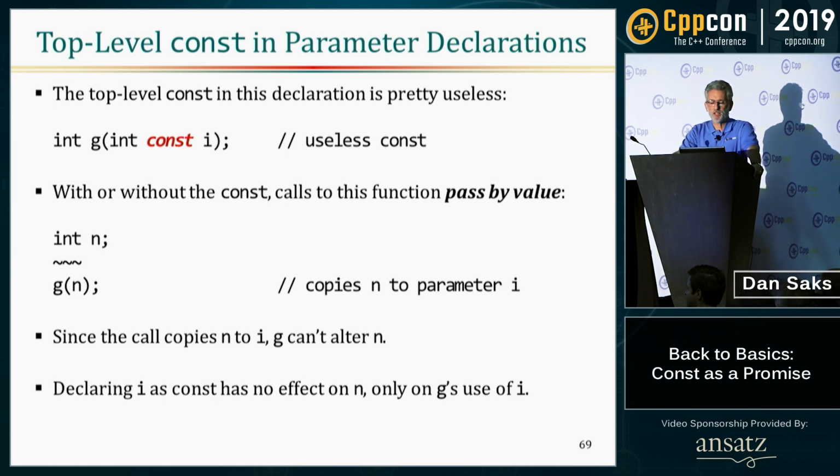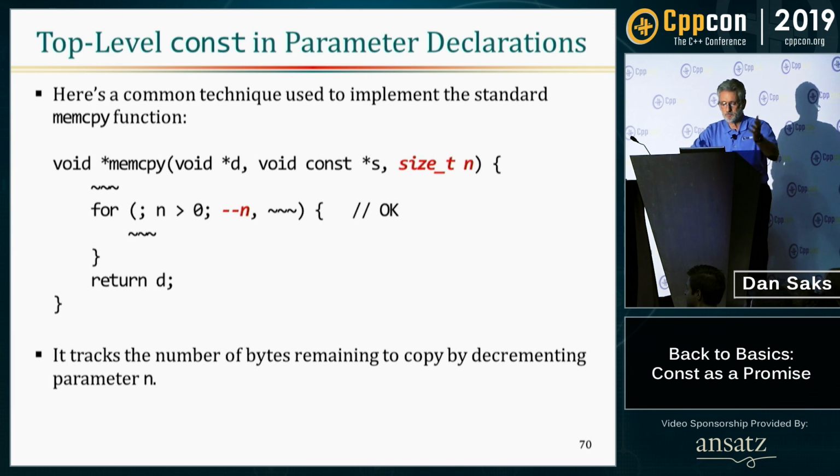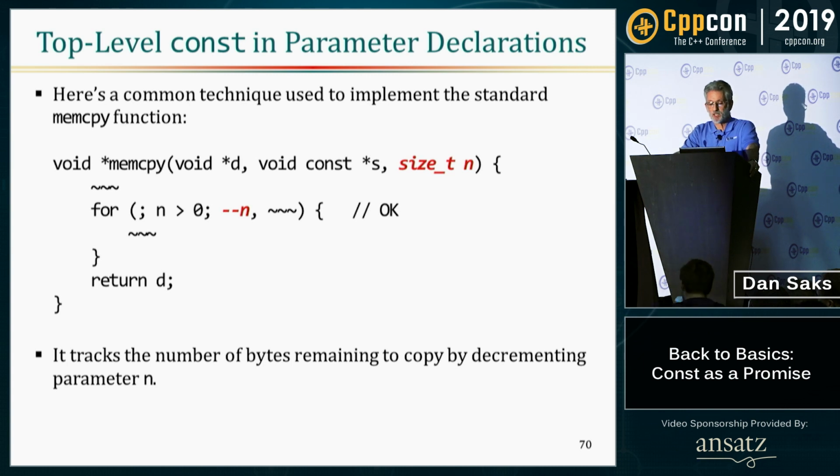So here is the thing that I caution about. Here's a familiar function, memcpy. And notice that there is a const in the parameter list on the source operand. It says s is a pointer to a constant void. Notice there's no const on the destination. And there's no const on the size_t parameter n, which represents the number of bytes to be copied.